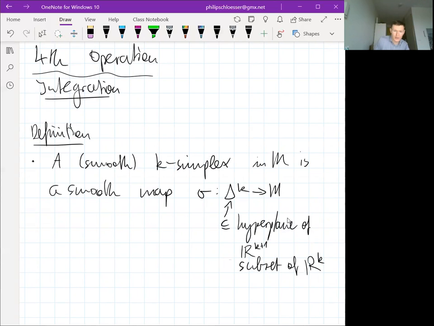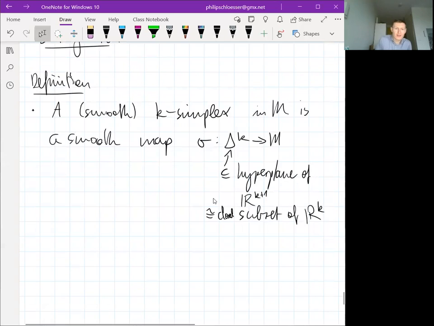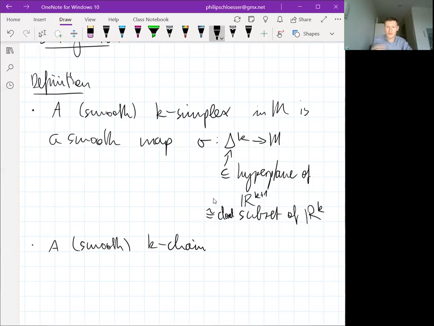And then we can just say the smooth function on this closed subset is a smooth function on a slightly larger open set that we then restrict. Well, and I guess that is everything. And then we can take linear combinations of k-simplices, and they are called k-chains. And now we are not going to take linear combinations over Z, but just over R.